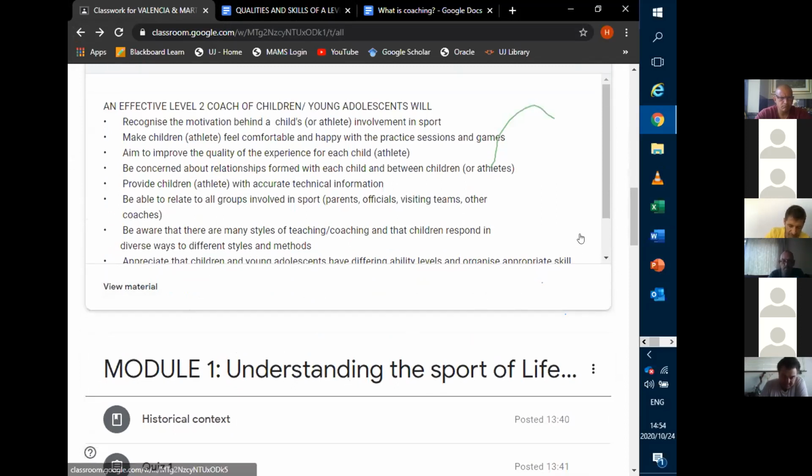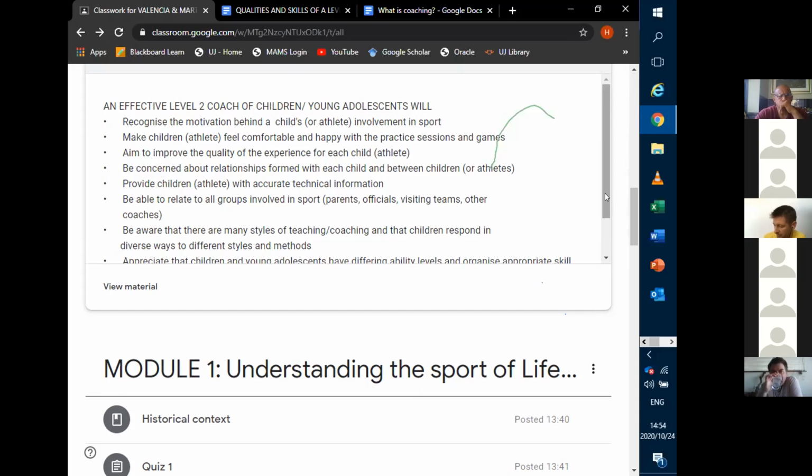The effective level 2 coach of children and young adolescents will recognize the motivation behind a child or an athlete's involvement in the sport, and also respect that involvement, to make children or athletes feel comfortable and happy with the practice session, in the games, and the competition.